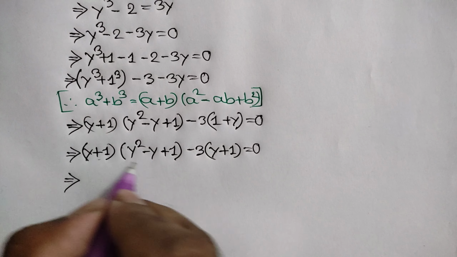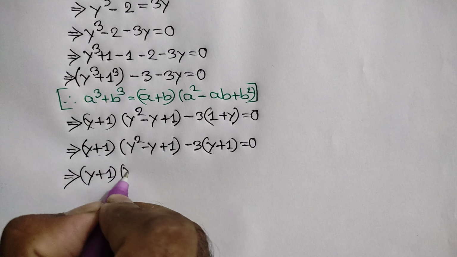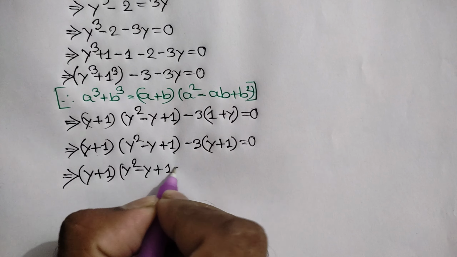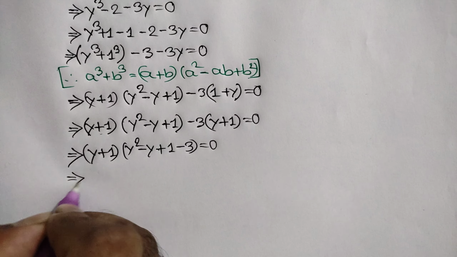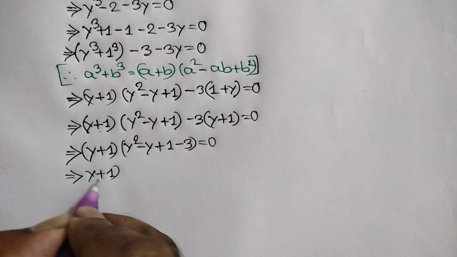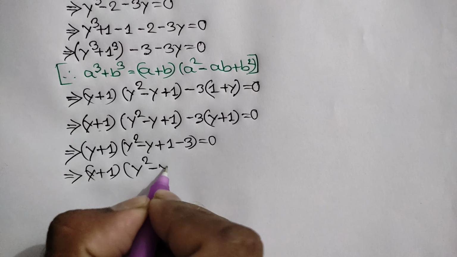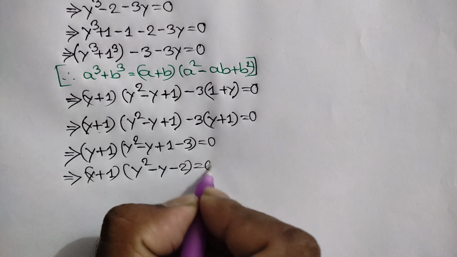Now taking common y plus 1, we will get y plus 1 times y squared minus y plus 1 minus 3 is equal to 0. Or y plus 1 times y squared minus y, plus 1 minus 3 is minus 2, is equal to 0.